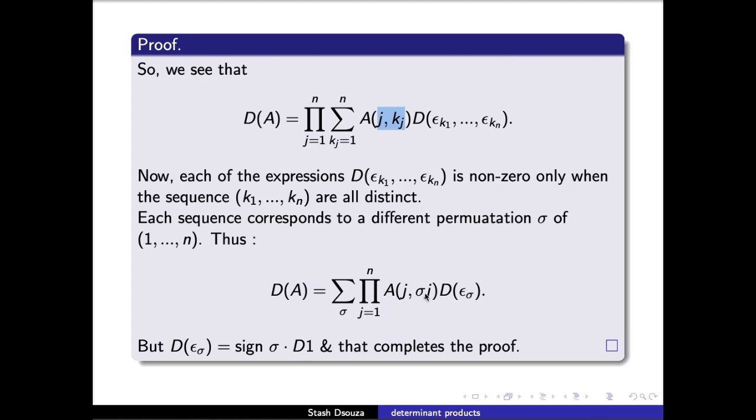This permutation sigma ensures that, because sigma is nothing but a bijective function from the list of n numbers to itself, and the remaining standard basis vectors epsilon_k1 up to epsilon_kn are also altered by sigma as it is chosen.